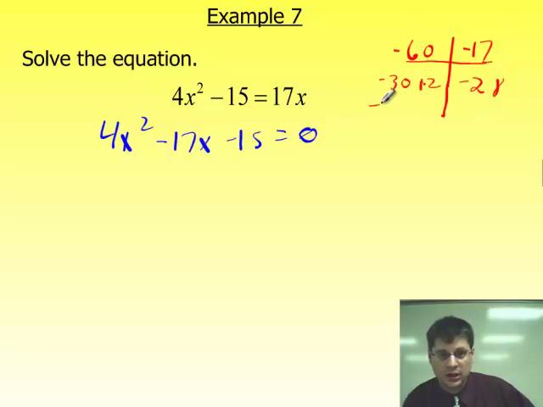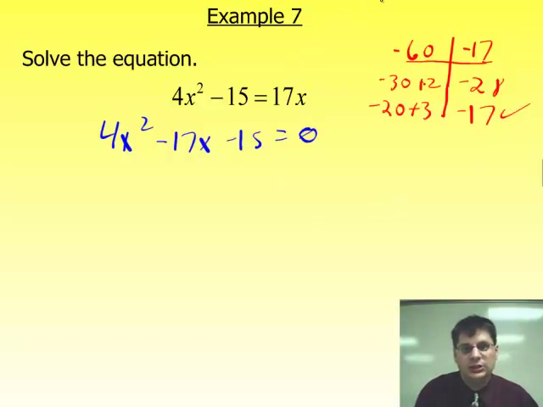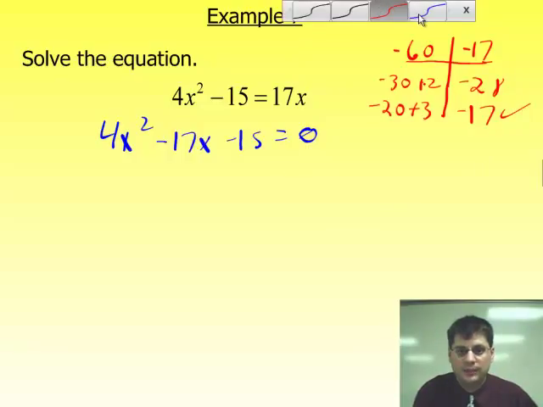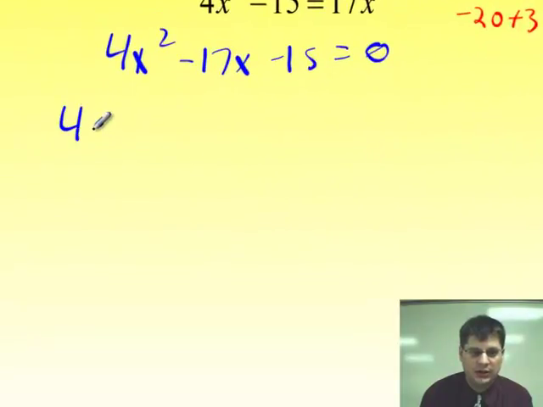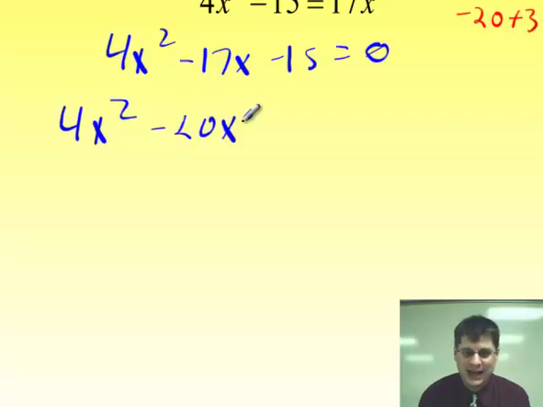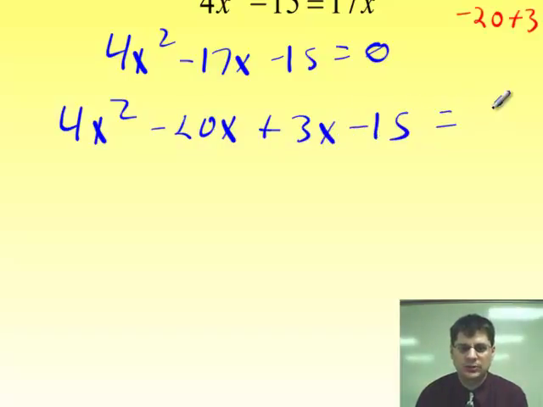So make it negative 20 because that'll be the larger one, plus 3. And that's going to give me negative 17. We got a winner. That's what we want. So I know how to break up my middle term. So I rewrite this as 4x squared minus 20x plus 3x minus 15 equals 0.